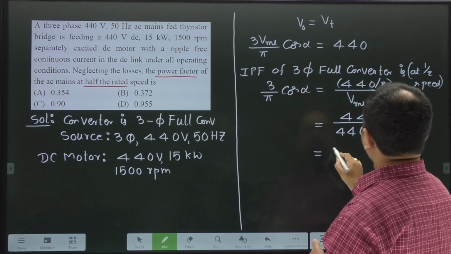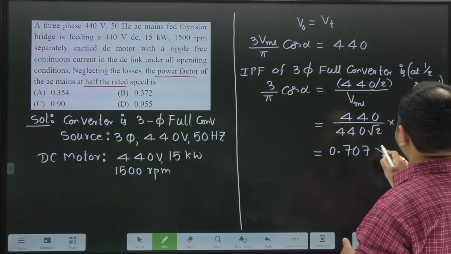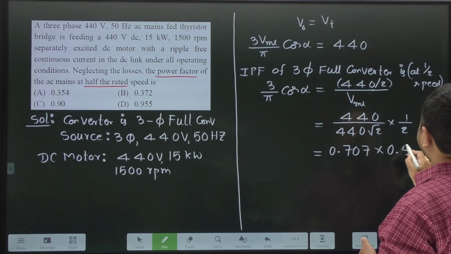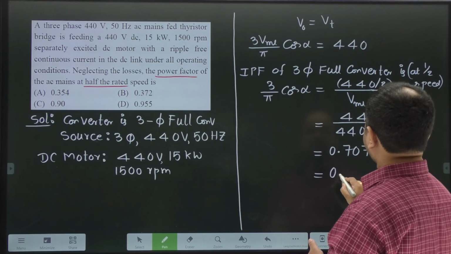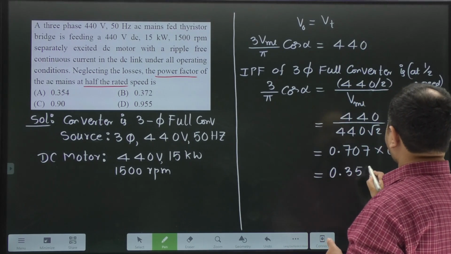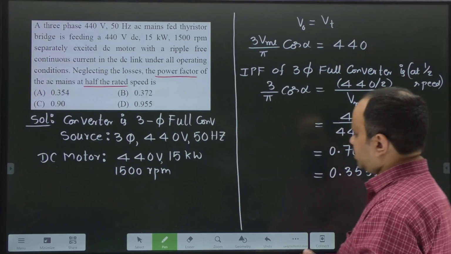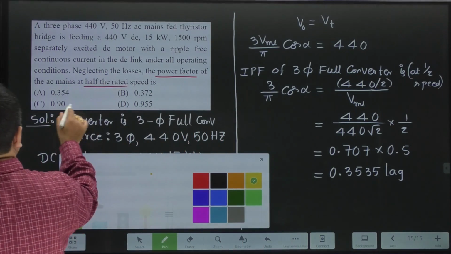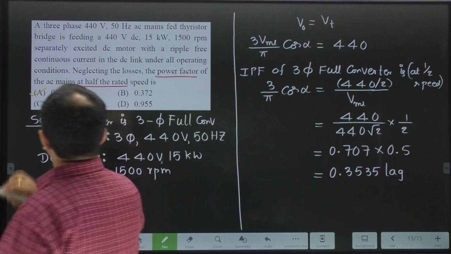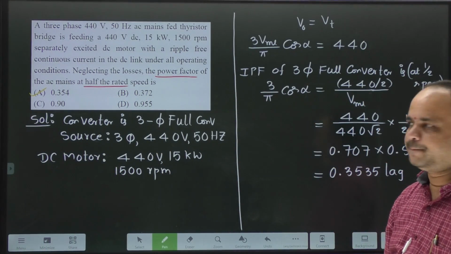So 1 by root 2 is 0.707 into 0.5. It will give you 0.3535. Power factor of any rectifier circuit is always lagging. So for this question, the answer is option A.